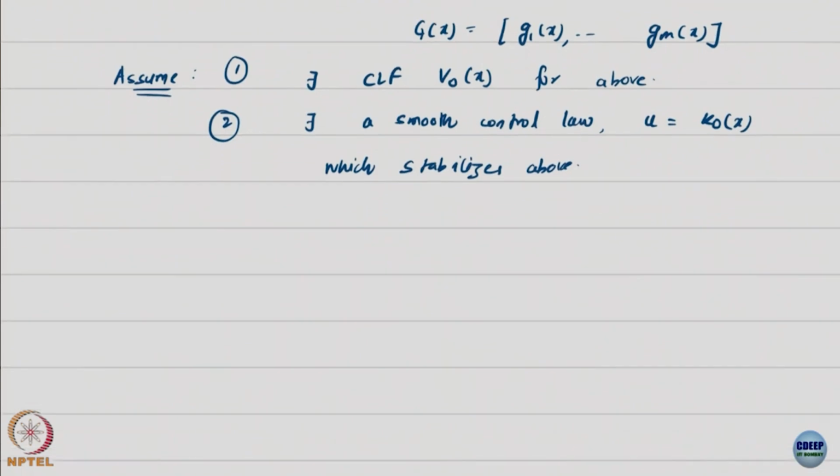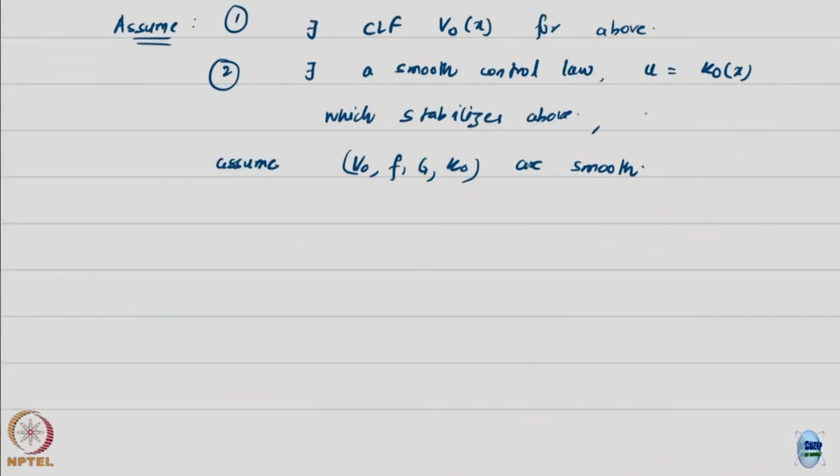And of course we are assuming that V0, f, g, k0 are smooth. All these things give me a lot of nice properties, so I make my life significantly easy.